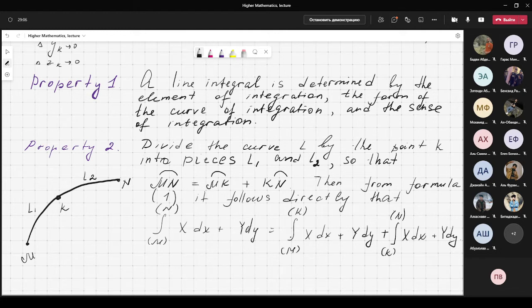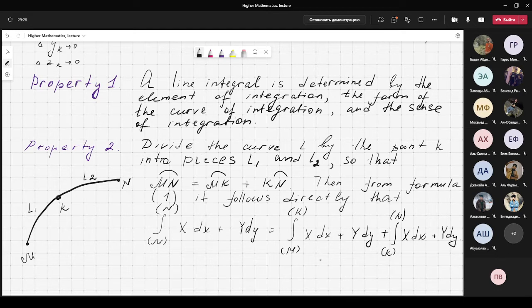It will further be noted that the definition of a line integral holds true also for the case when the curve L is closed. In this case, the initial and terminal points of the curve coincide.